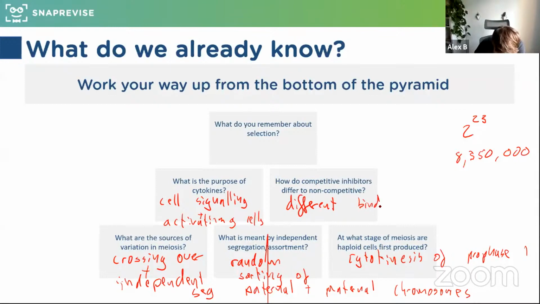Different binding sites. And what else are we going to say? Only competitive, similar to substrate.